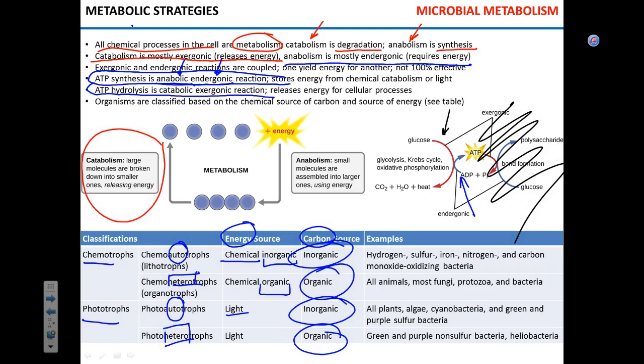Meaning that they can take inorganic carbon and convert it to organic carbon by themselves. Does that make sense to you? That conversion of inorganic carbon to organic carbon is called carbon fixation.